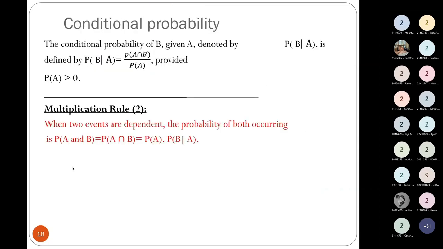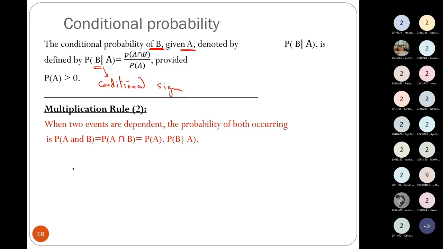This is the independent case. Conditional probability. What is the meaning of conditional probability? We need to find the probability of B given A, where A must be given. This is denoted by P(B|A), with the conditional sign.